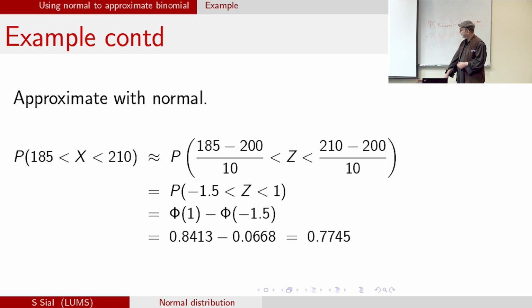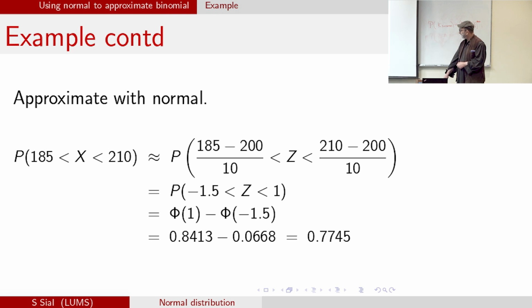So we approximate with the normal. We say that the probability that X lies between 185 and 210 is approximately, we do this normalization procedure: 185 minus mu over sigma, X minus mu over sigma becomes the standard normal, and then 210 minus mu over sigma.